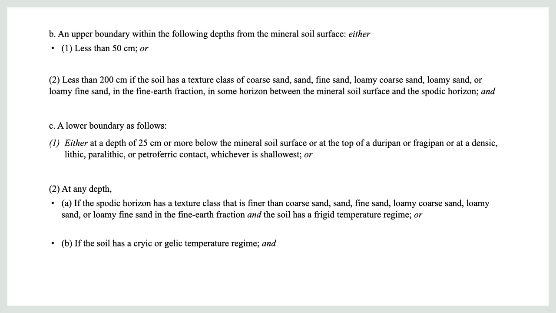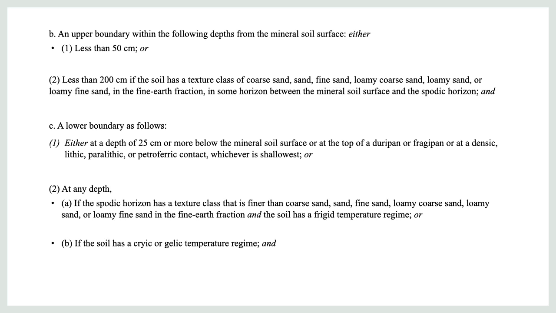Okay, so an upper boundary within the following depths from the mineral soil surface: either less than 50 centimeters, or less than 200 centimeters if the soil has a textural class of coarse sand, sand, fine sand, loamy coarse sand, loamy sand, or loamy fine sand in the fine earth fraction in some horizon between the mineral soil surface and the spodic horizon.